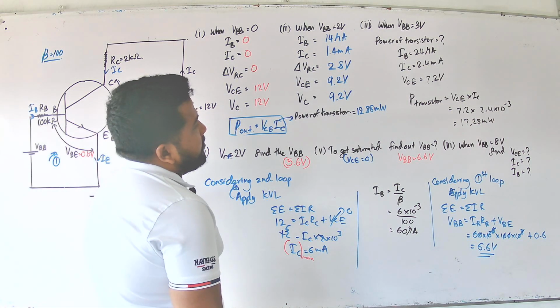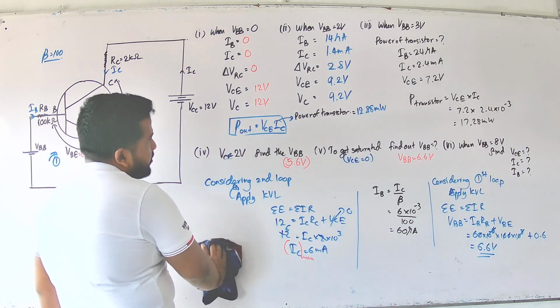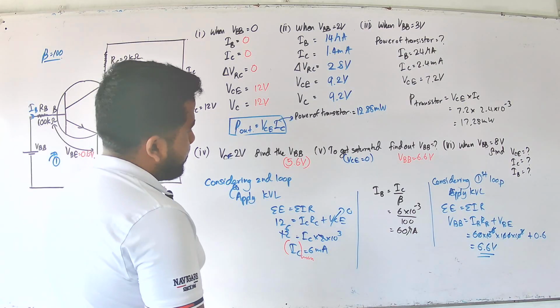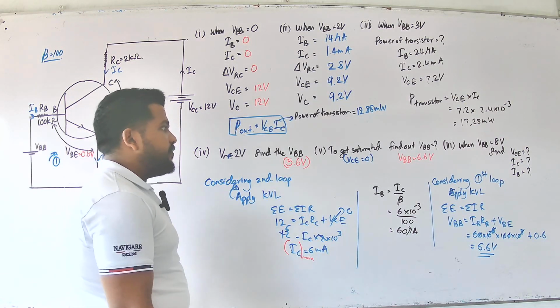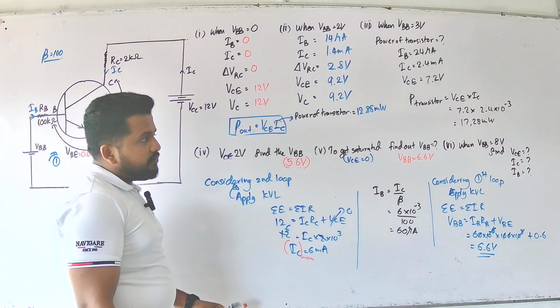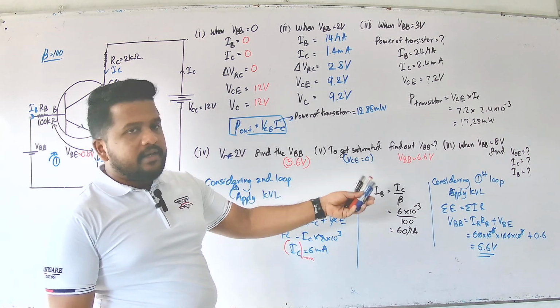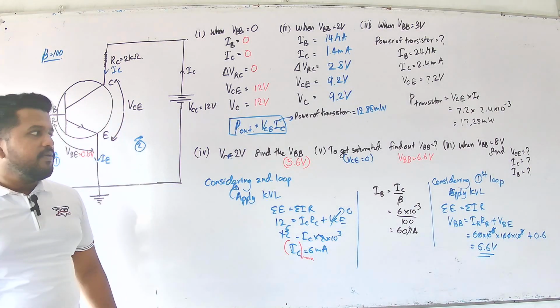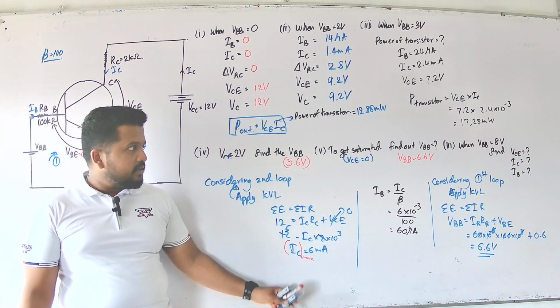So when considering the VBB, this is important. We have to consider the same case. So VCE equals what? After the saturation, VCE equals 0. If you calculate that value, you get a negative value. That is not real.